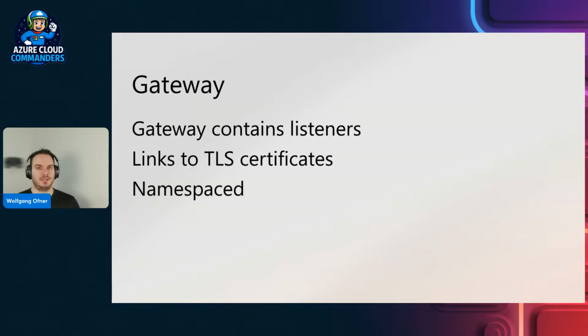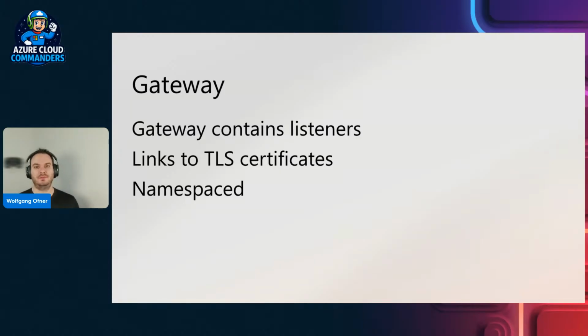Then a really great advantage about the gateway is it's namespaced. This means I can deploy a gateway in a namespace, and then I can configure whether I accept all requests from everywhere or only from my namespace. So in theory, I could have a gateway per namespace if you want to have it completely separated from each other, which is probably not the best idea because it's a lot of management work, but it would also allow you to have multiple gateways.